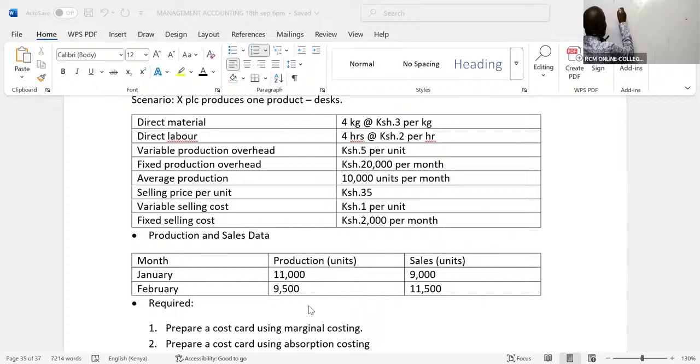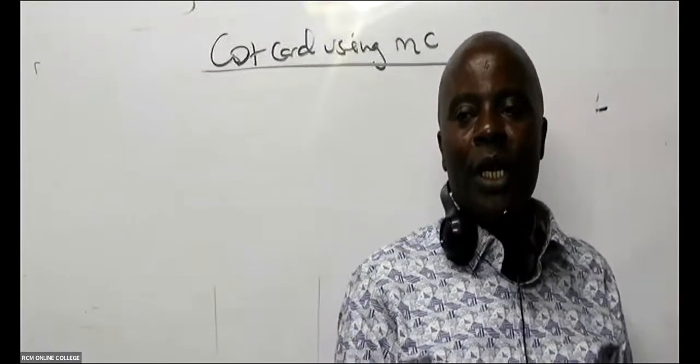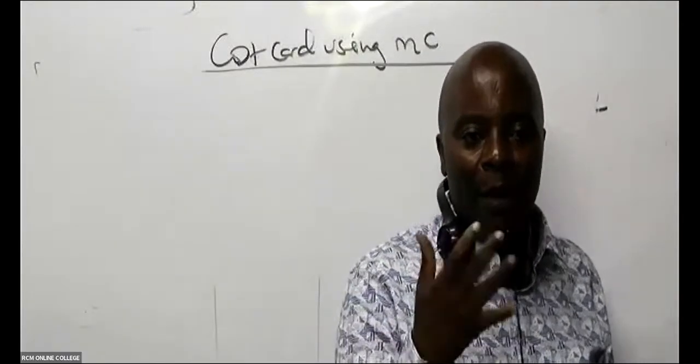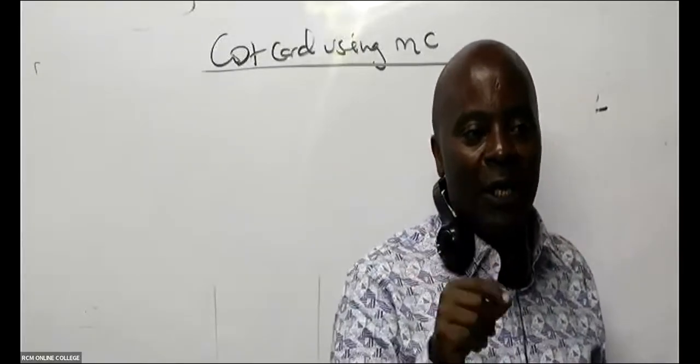We are doing a cost card using MC, where MC stands for Master of Ceremony. No. Marginal what here, somebody? Costing, isn't it? So cost card, if it's marginal costing, we are only looking at variable costs, and the variable production costs for that matter.